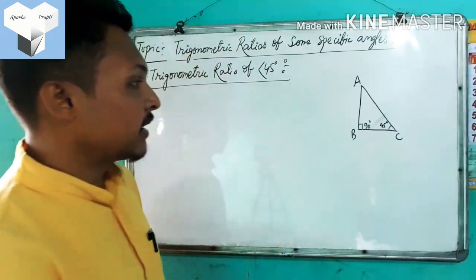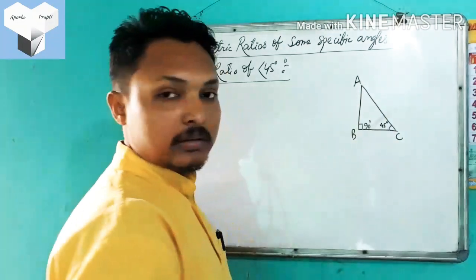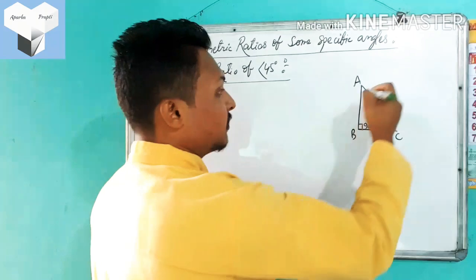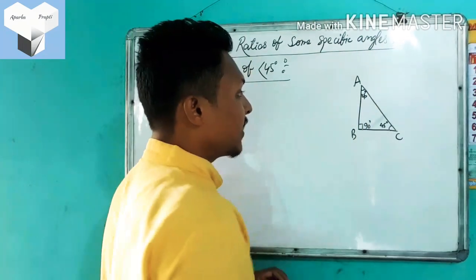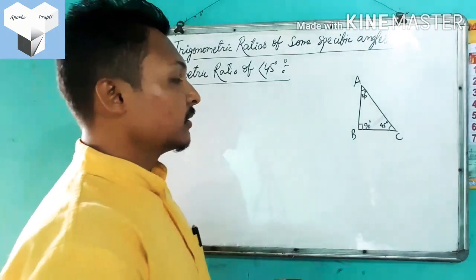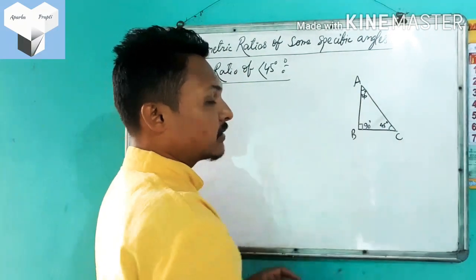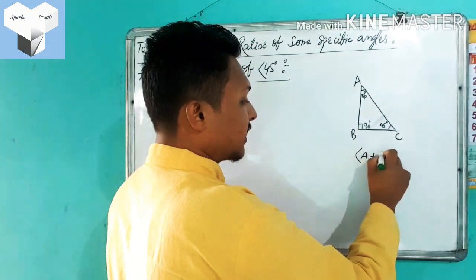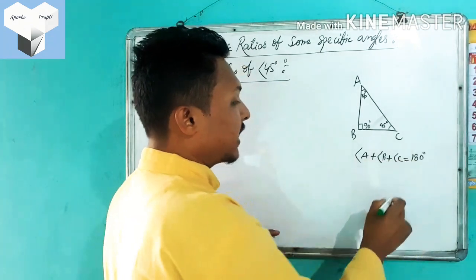Okay. Then can you tell me what will be the measure of angle A? You can't? I think you can, because listen, it will definitely measure 45 degree. If you ask me why, then I will say that the sum of the measures of the angles of a triangle is how much? 180 degree. That means angle A plus angle B plus angle C is equal to how much? 180 degree.